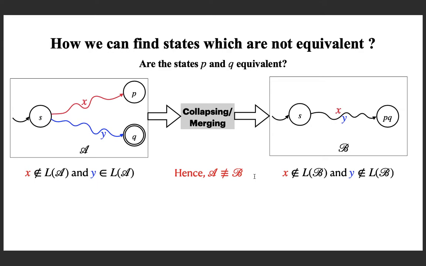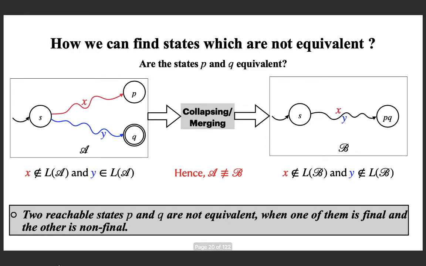So, what we observe from this example is that a pair of reachable states P and Q is non-equivalent when one of them is non-final and the other one is final. It does not matter which one is final.